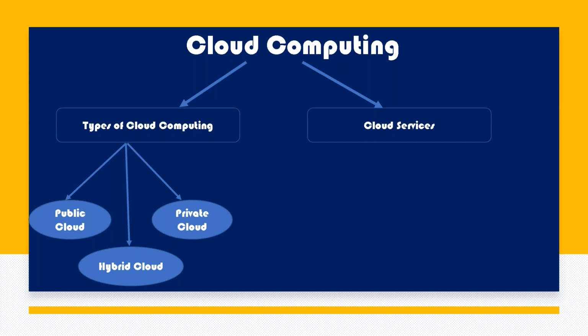Then cloud services. What are the cloud services? The first one is infrastructure as a service, IaaS. When you purchase the cloud, you can decide whether you want to go with IaaS or some other cloud service.